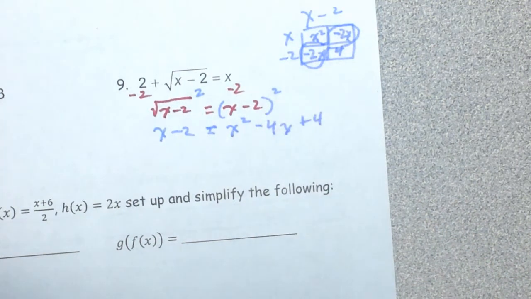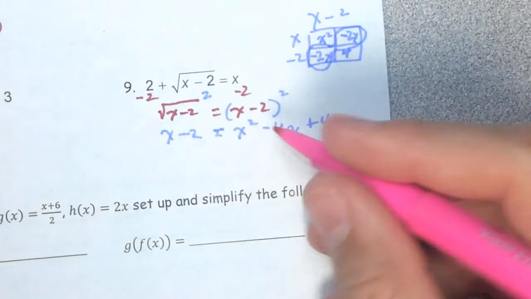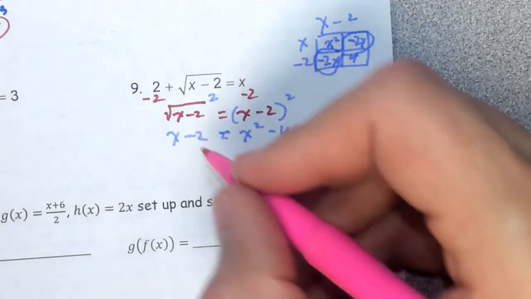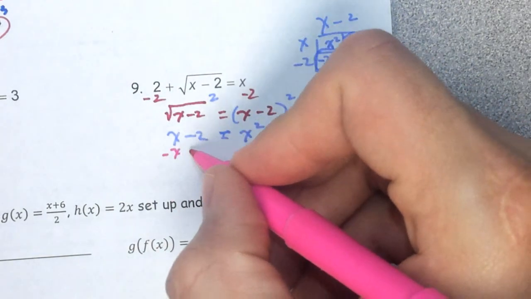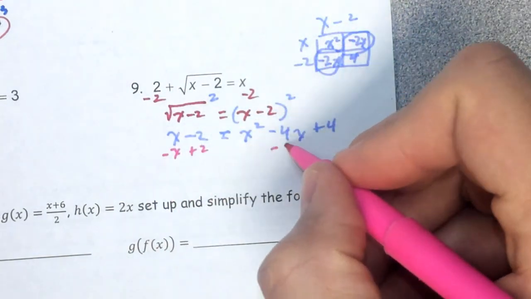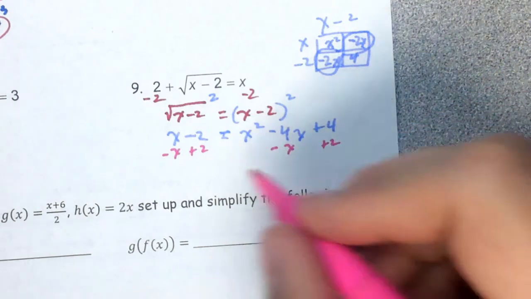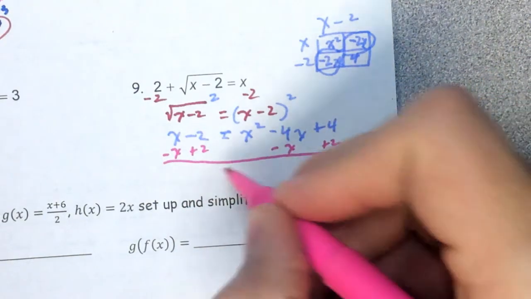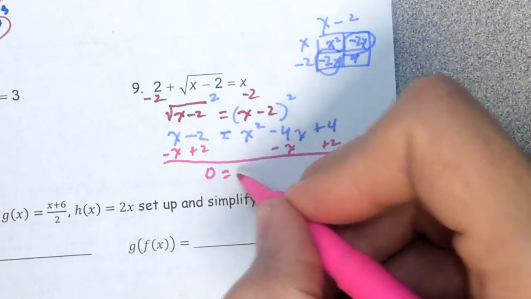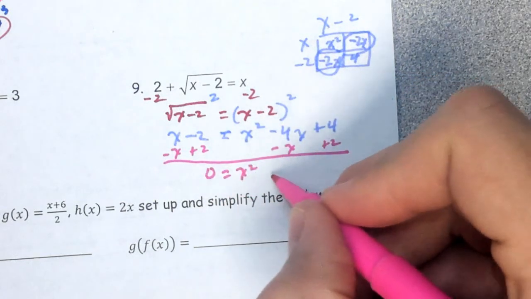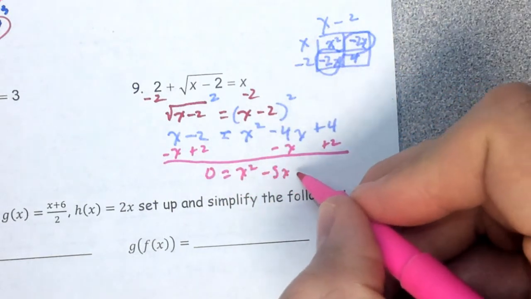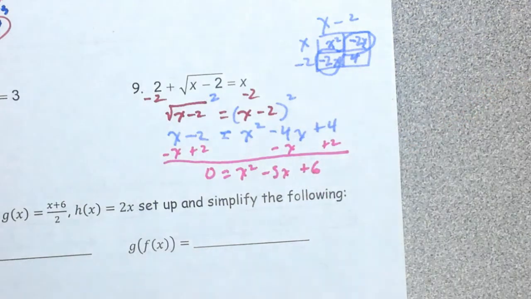When I get a quadratic and I have to solve for my solution, I need to move everything to the side with the x squared. So I'm going to subtract x and add 2. Subtract x, add 2. I get 0 is equal to x squared minus 5x plus 6.